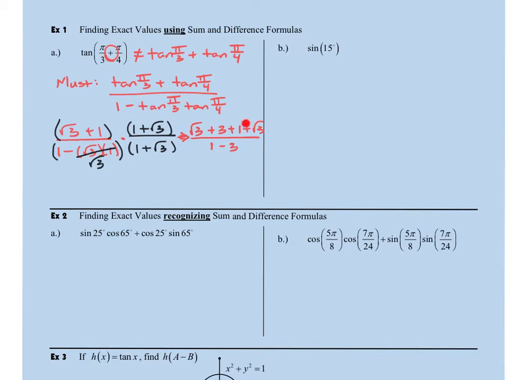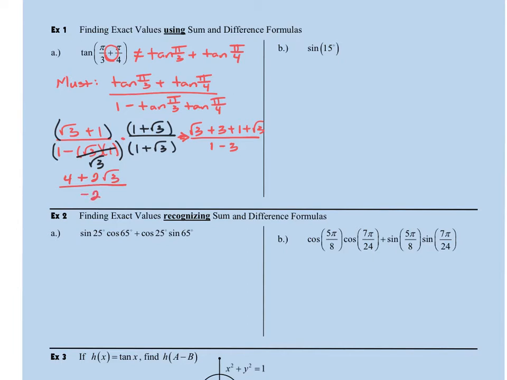Although we probably didn't need to write them all individually here, I'm going to caution you, it is much more helpful for you if you write them individually because they are going to get a little crazy in a while. So when we collect all of our like terms, we're going to have 4 plus 2 radical 3, all over a negative 2.